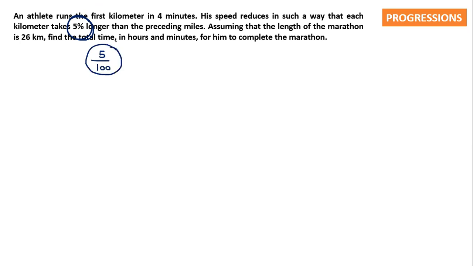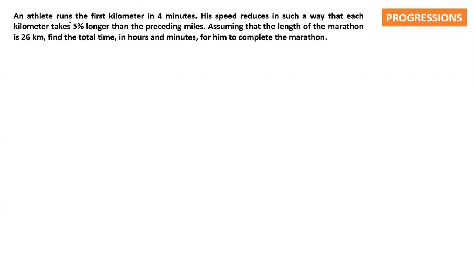Whatever is a fraction is called a ratio, and ratio means geometry. So this is a GP question. Slowly you gain this experience through a lot of exercise. Let us move on to the question.